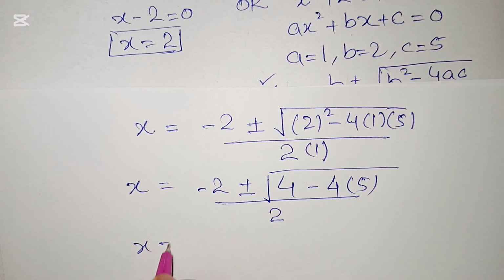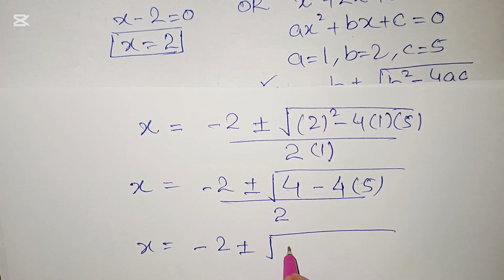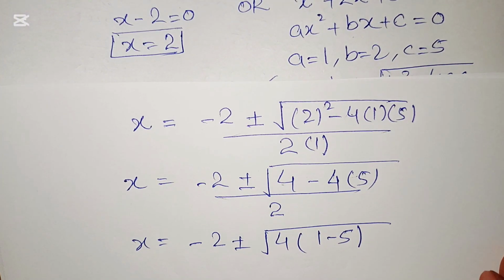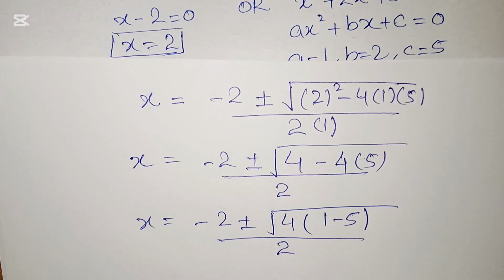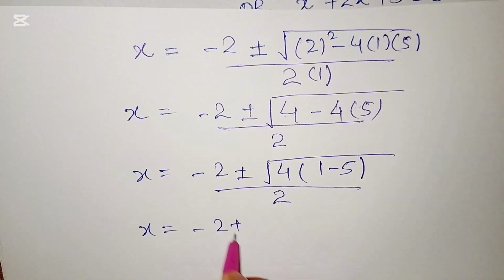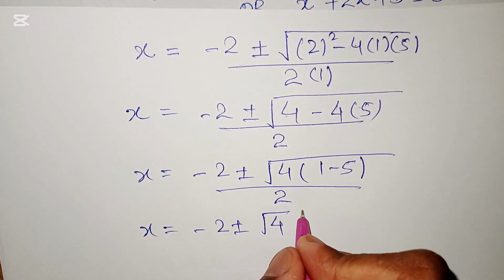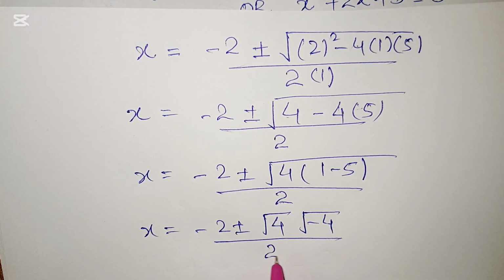Now x will be equal to -2 plus minus square root of, taking 4 common, 1 minus 5, all over 2. So x will be equal to -2 plus minus square root of 4 and square root of -4 all over 2.